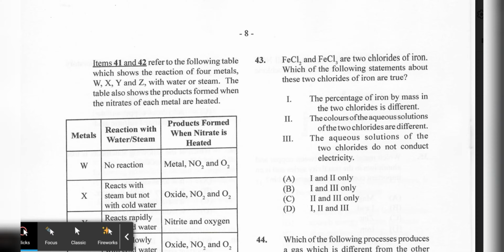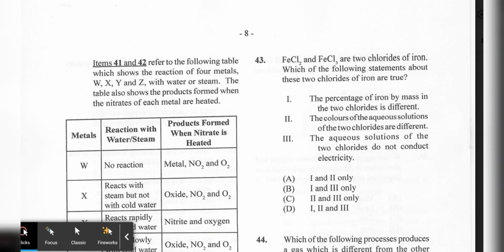That is not true, because aqueous solutions of ionic compounds conduct electricity. You can question whether or not these are ionic compounds, which is debatable, but we're going to assume that they are in this context, and that they will conduct electricity in aqueous solution. So statement 3 would be false.